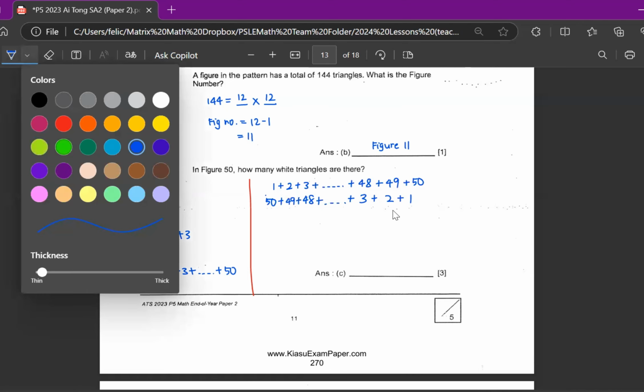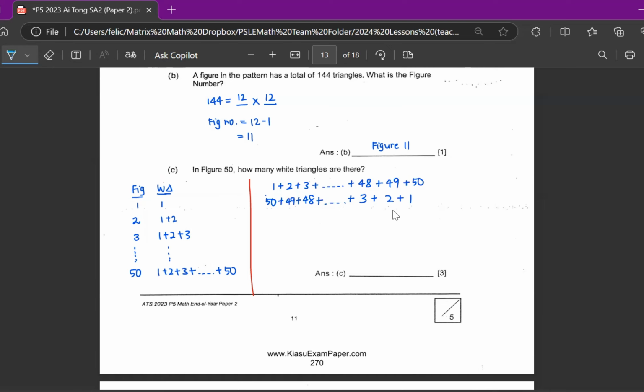This reverse series method is very helpful because you should observe that, I'll just box this up, each pair of numbers gives you the same sum.